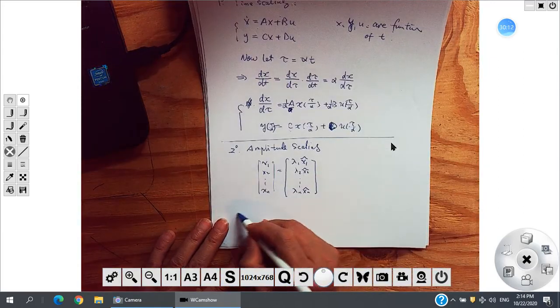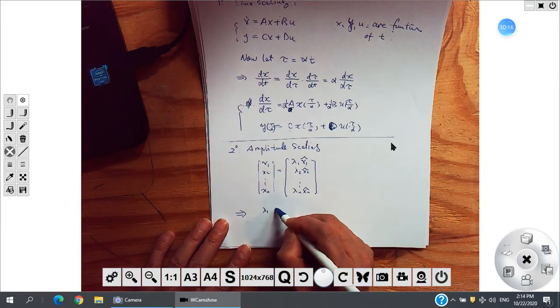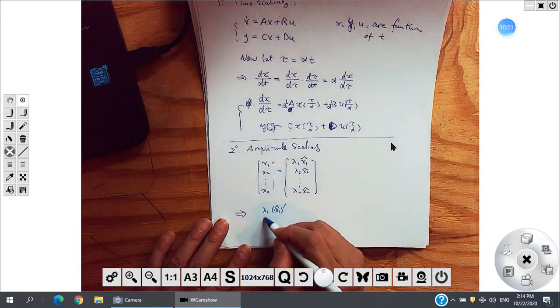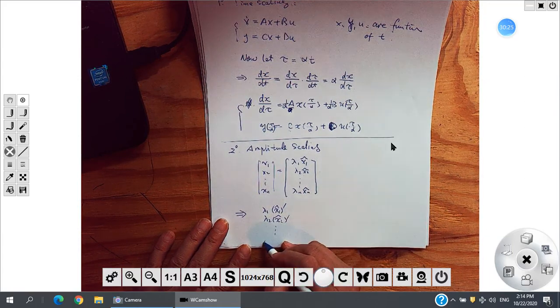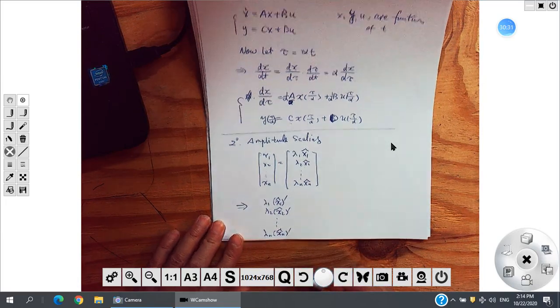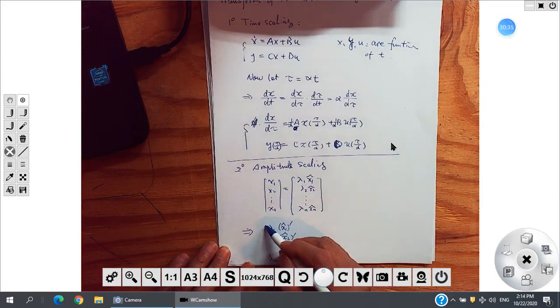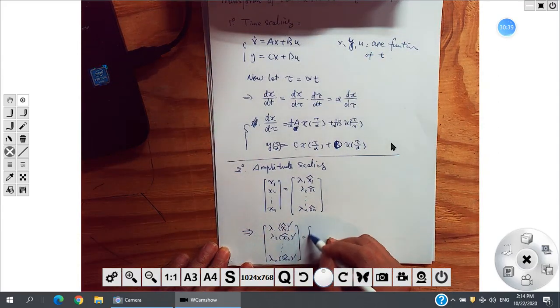So we will have lambda 1 x1 hat derivative, and lambda 2 x2 hat derivative until lambda n times xn hat derivative. This was the x derivative, now changed to this one, and equal to a.